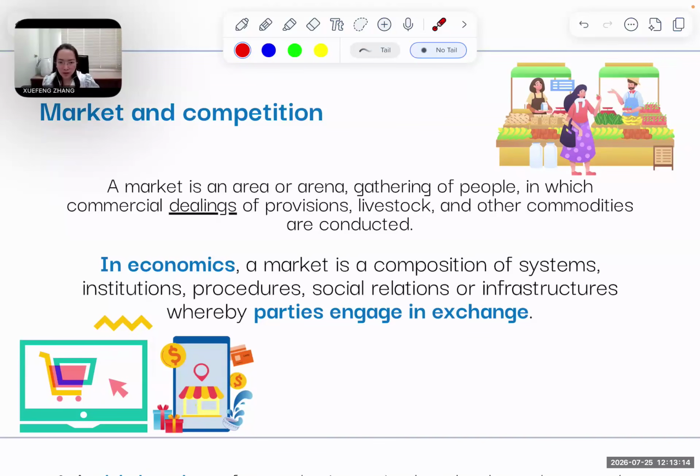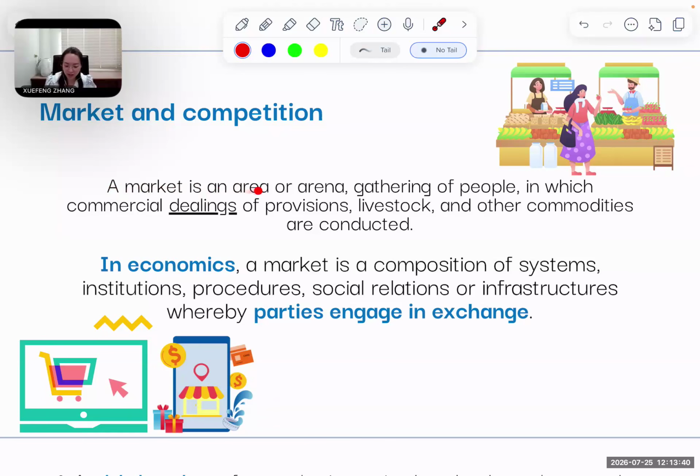But in economics, a market doesn't need walls or a location at all. It's just whenever buyers and sellers connect and trade. Could be Shopee, could be Grab, could be the labor market you enter after graduation. Systems, platforms, relationships, anything that lets exchange happen counts, right?